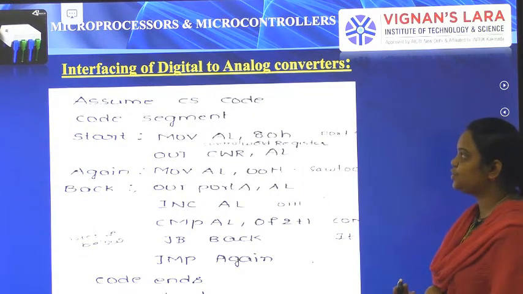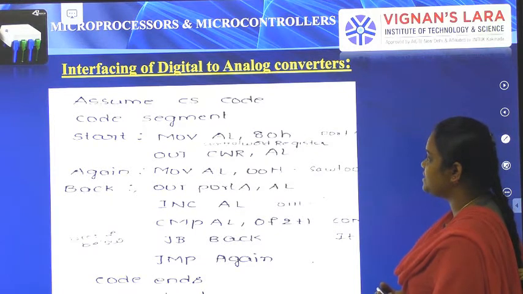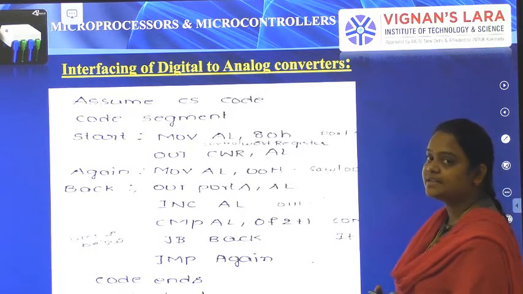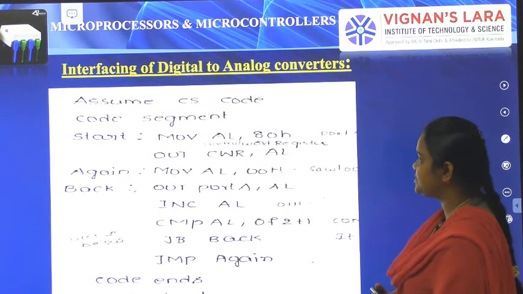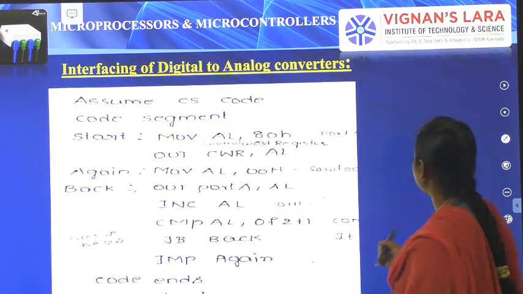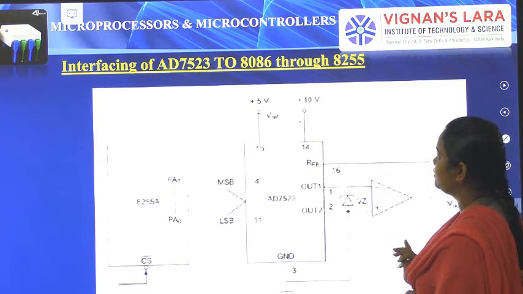Coming to the program for interfacing of digital to analog converters. This is the assembly language program of the 8086 microprocessor for operating the DAC converter in the system. First of all, this is the block for interfacing.